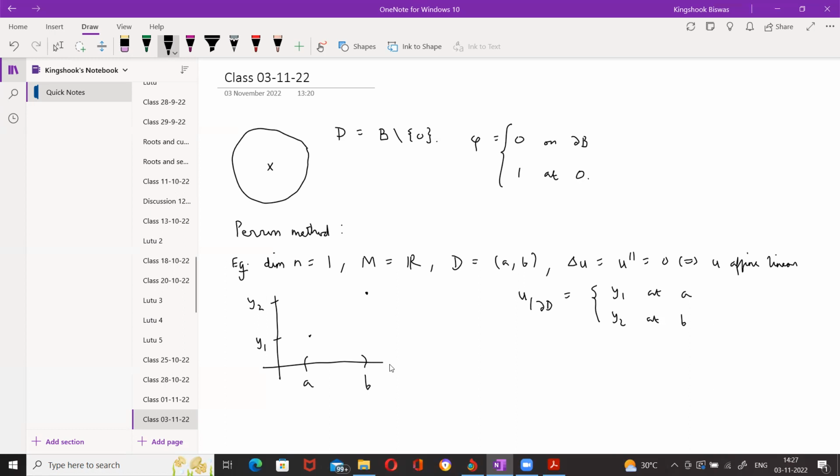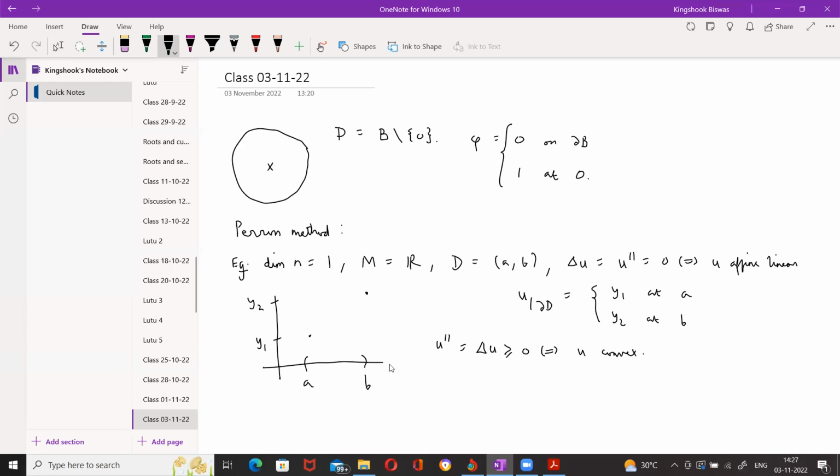But if we want to do it using the analog of subharmonic functions, subharmonic means Laplacian U greater than or equal to 0. That means U double prime greater than or equal to 0, so this means looking at convex functions.